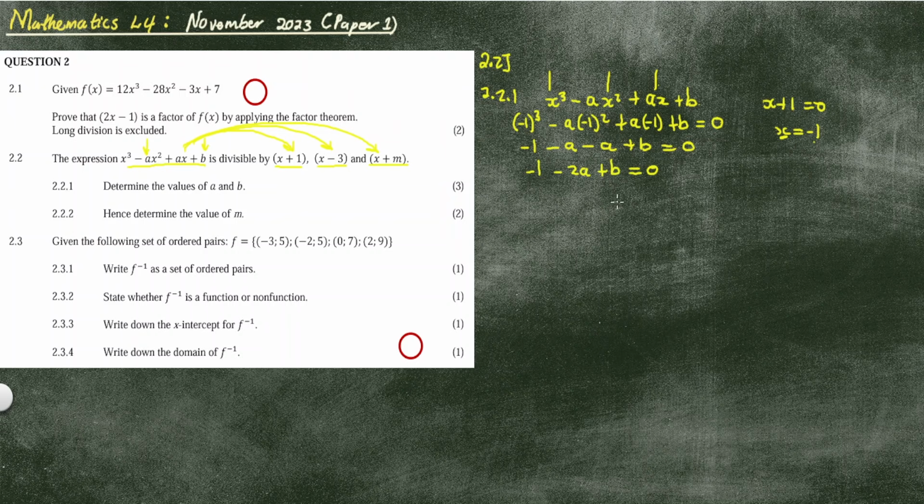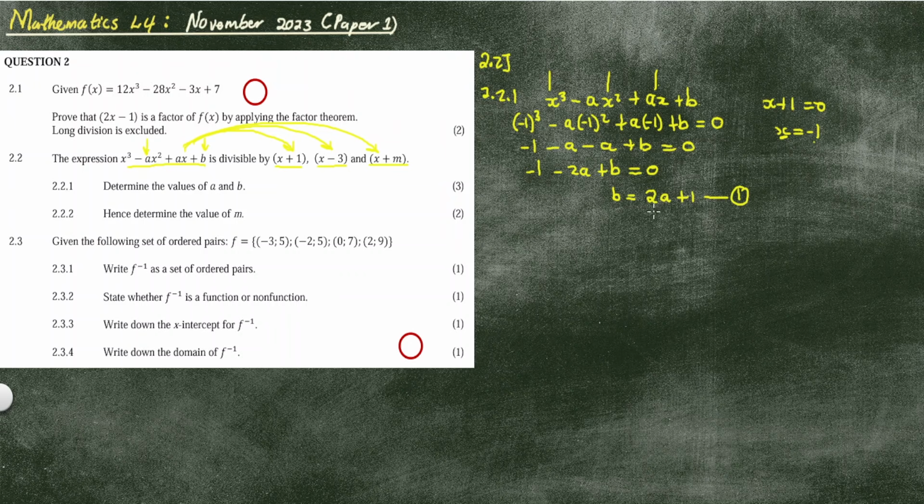Transpose the 1. How about we write it like this: b equal to positive 2a plus 1. And call this equation 1. We have no other choice. Remember, we are calculating a and b.